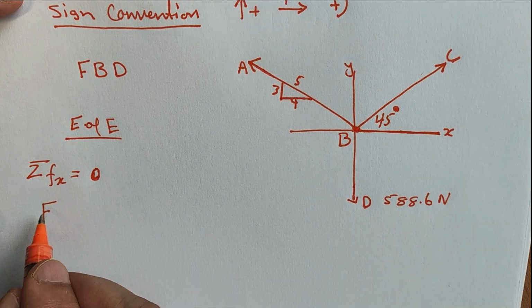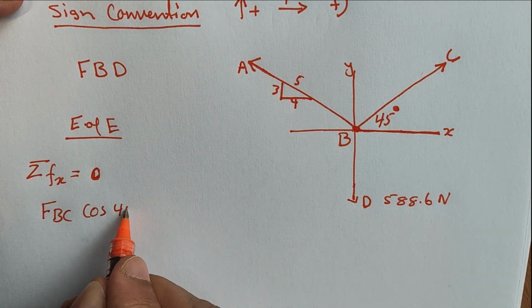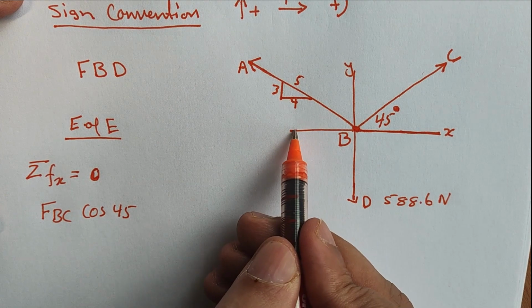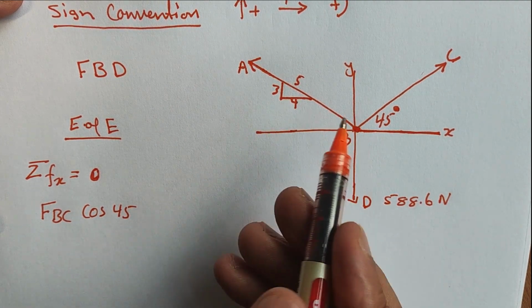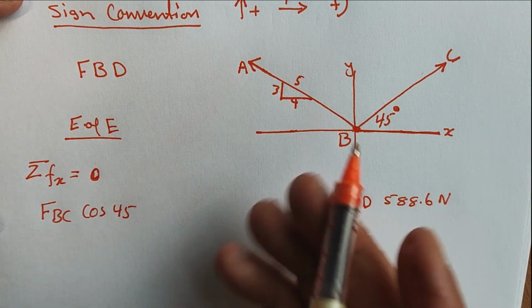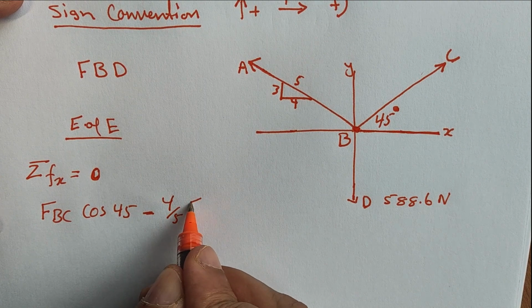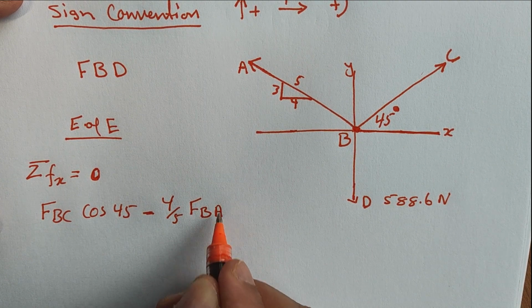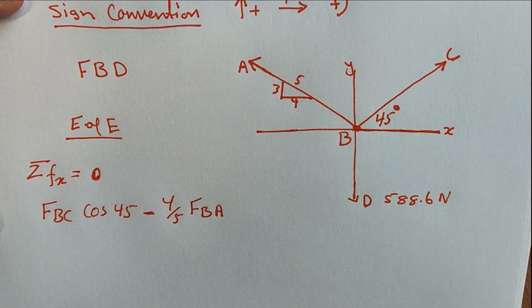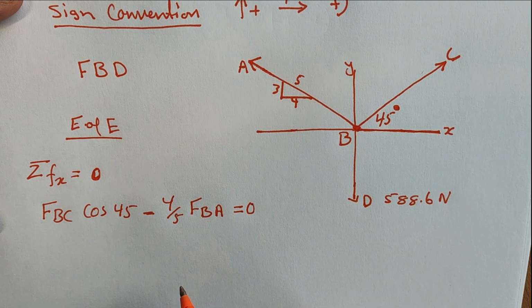FBC cos 45. And on the negative x-axis, we have this force here, 4/5 FBA. So minus 4/5 FBA. Downwards, we don't have any x component, therefore all of this should equal 0.